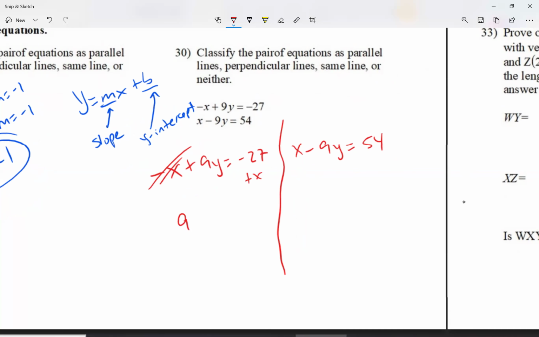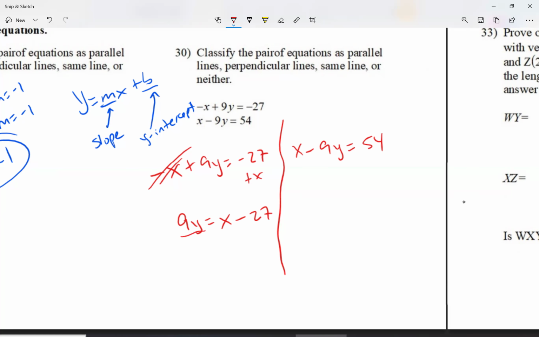So I have 9y equals. Now, -27 plus x, I cannot combine them because they're not like terms. One of them has an x, the other one does not. I cannot combine them, so I'm going to write both of them. Do me a favor and write the one with the x first. So I'm going to write this as +x minus 27. I cannot combine them. They're not like terms.